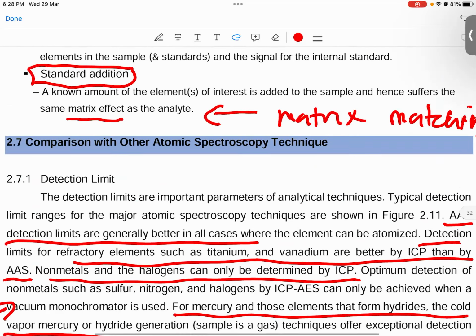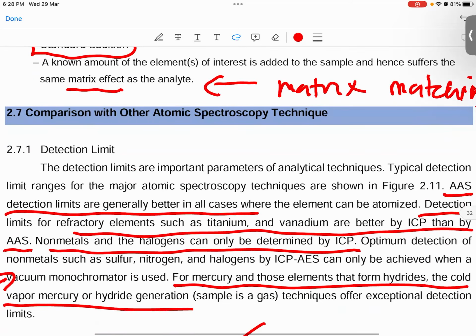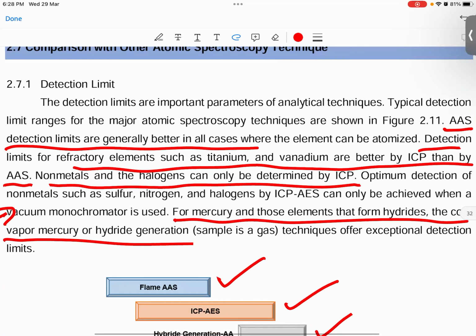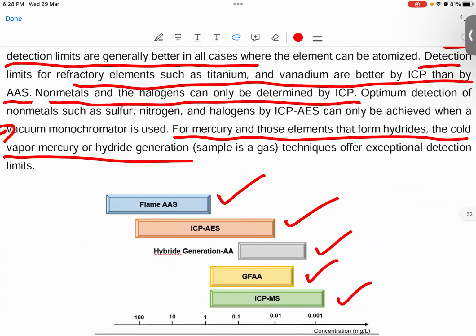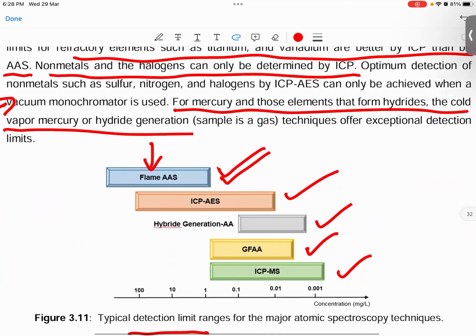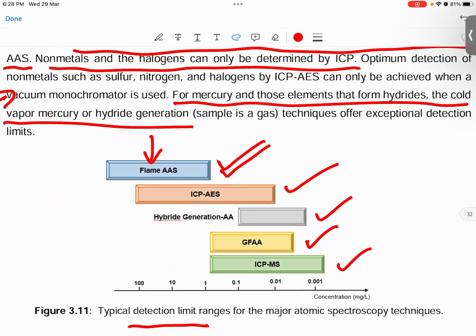So, comparison with other spectroscopy techniques. This one that we have discussed before is atomic absorption spectroscopy, where the atomizer is using flame. Detection limit means how low the system can detect the metal or any elements that you want to analyze.